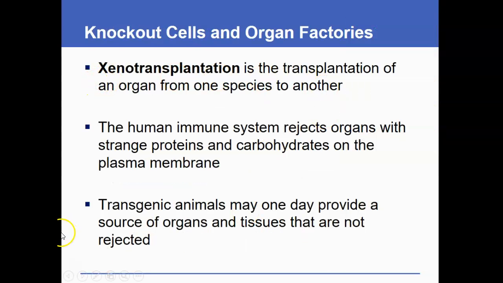One of the particularly exciting leads of genetically modifying organisms is to actually produce organs that could be transplanted into humans. I won't get into it too much, but the human immune system is really good at detecting things that are foreign. And so someone taking an organ from another human needs to take chronic medication in order to not reject their transplant. One of the grand desires of genetic engineering is to produce animals that could be the source of organs for humans.